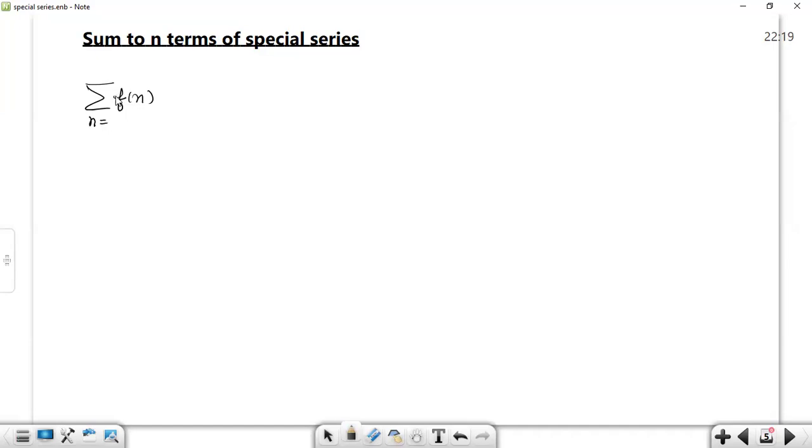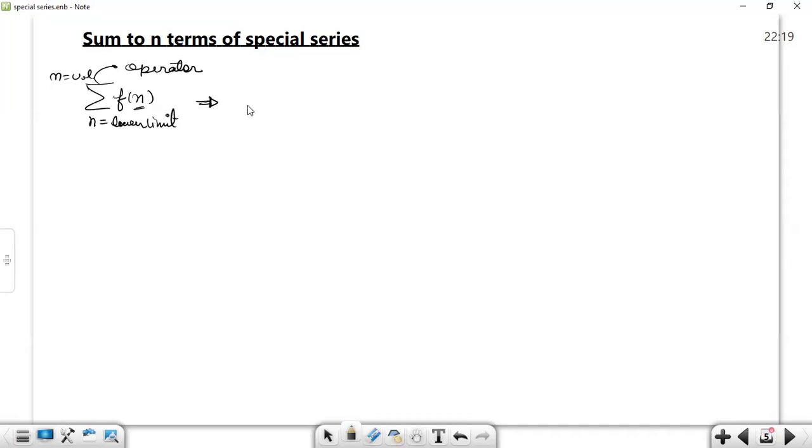Okay, so sigma is basically an operator which operates on a function. Functions typically have variables. There may be multiple variables, but we'll be dealing with functions having a single variable as per our syllabus. The variable will have a lower limit here, and the upper limit will be written here.